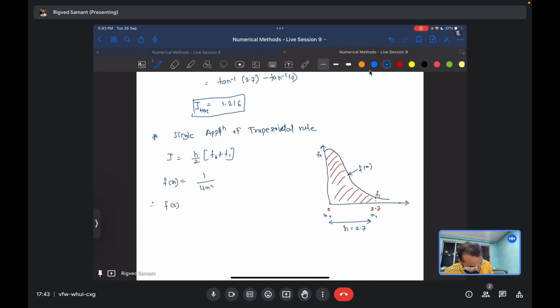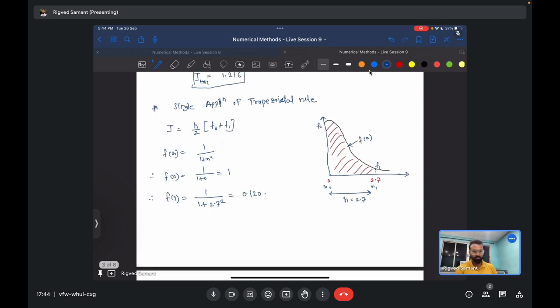Therefore f of 0 is 1 upon 1 plus 0, which is equal to 1. f of 1 is 1 upon 1 plus 2.7 square, right? So this value is 0.120. Okay, now you got f of 0 and f of 1. Now you can easily substitute these values here and get the final value. Right?